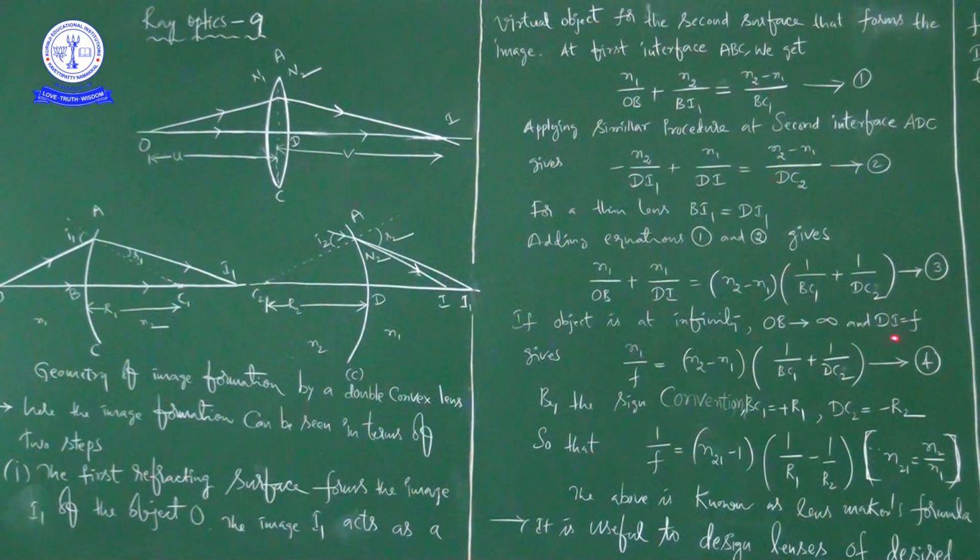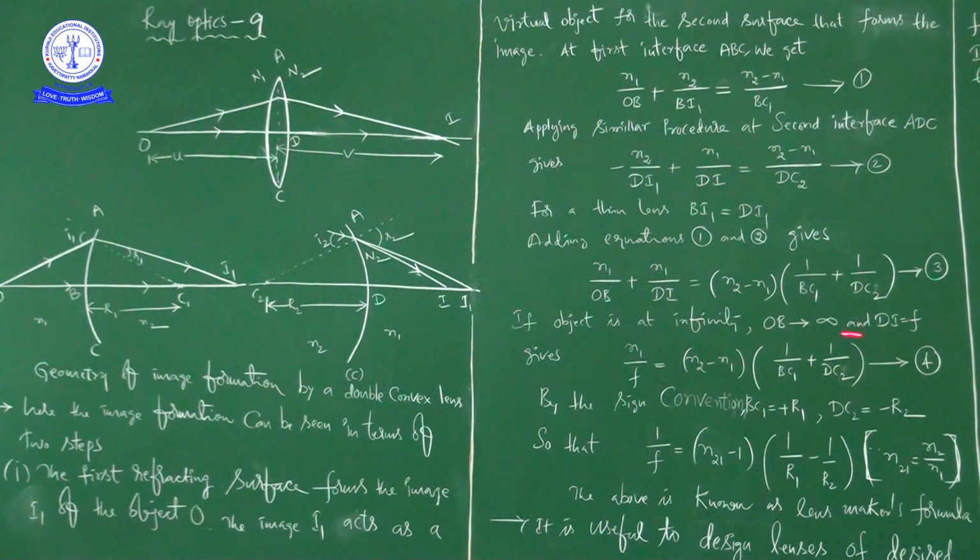Before 2-3 classes I told you, in case of paraxial rays, when the object is at infinity, the rays coming from the object are parallel to the principal axis. After refraction, all these rays will meet at a point. That point is called the focus. So from that definition, you can write DI is equal to F.